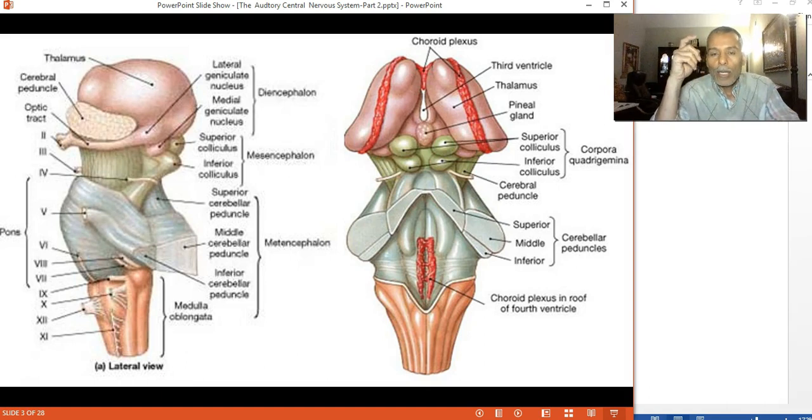And immediately you are going to turn your head and your eye gaze toward the sound source. And the structure that enables you to integrate what you hear with directing your eye gaze and your face toward the source of the sound, that is the superior colliculus. So it enables us to have that auditory visual reflex, or the visual auditory reflex, whatever you call it.